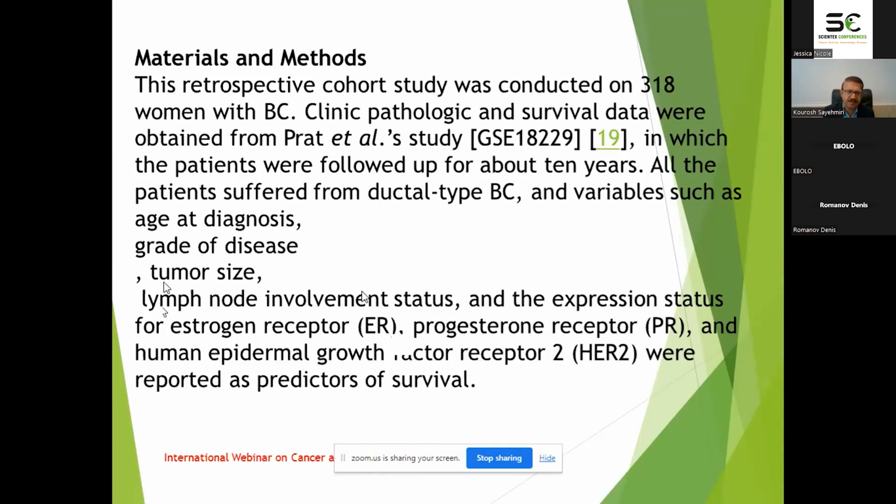And we pay attention to these factors: estrogen receptor, ER, progesterone receptor, PR, and human epidermal growth factor receptor, HER2. We choose these variables as predictors for survival.